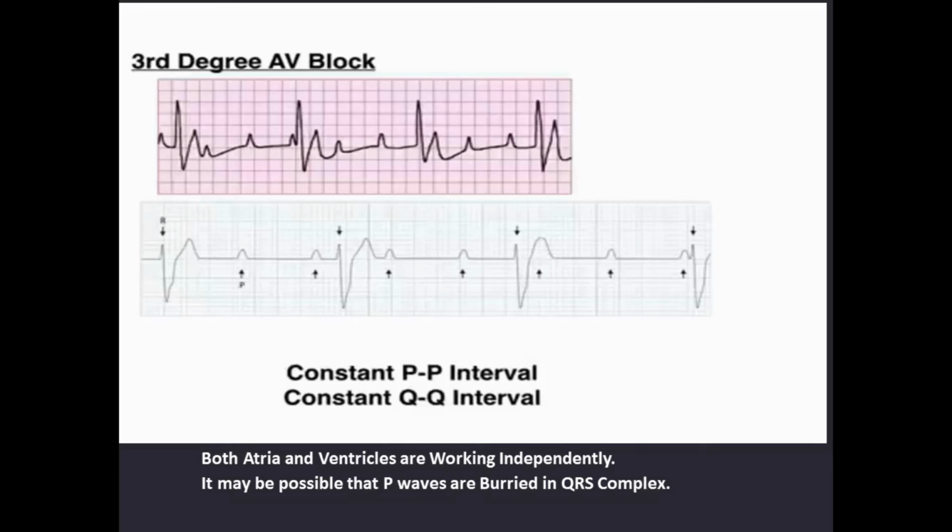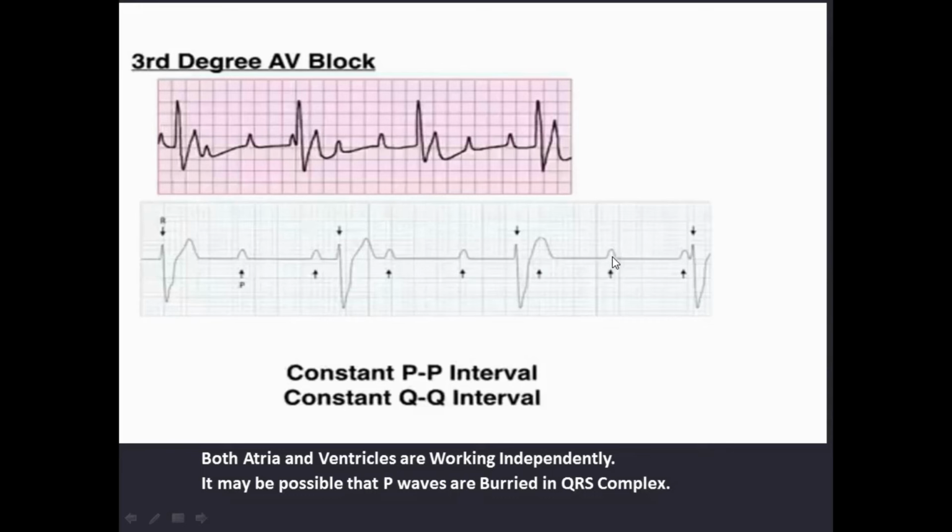But one thing is there is a constant PP interval and there is a constant QQ interval. Here you can say that although after the P wave there is not a QRS complex, all the P waves are at equal intervals.